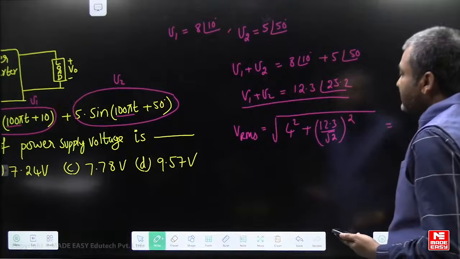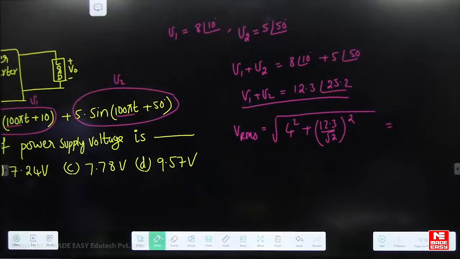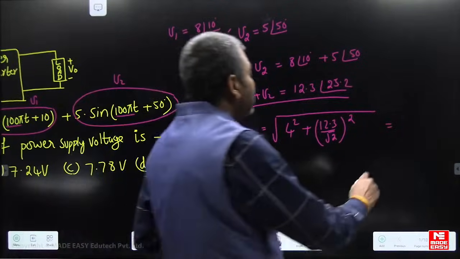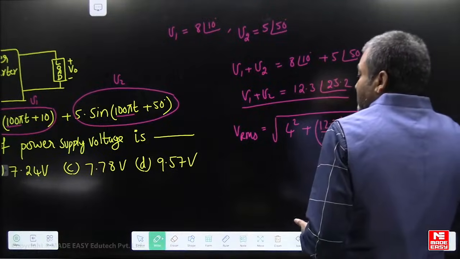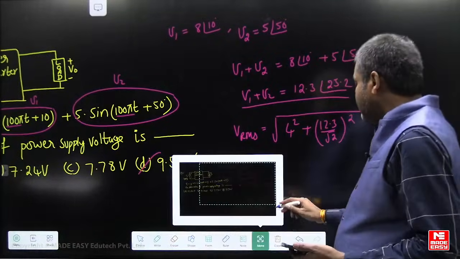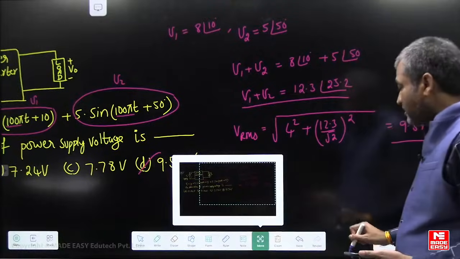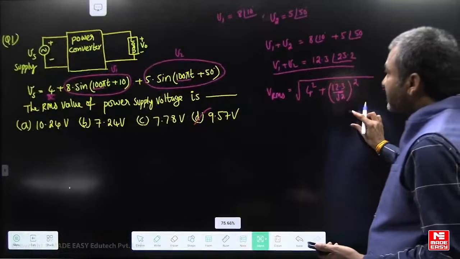Just simplify this and you will get 9.57 volts. So option D is the right answer. Dear students, here option D is the right answer. Please go through this.